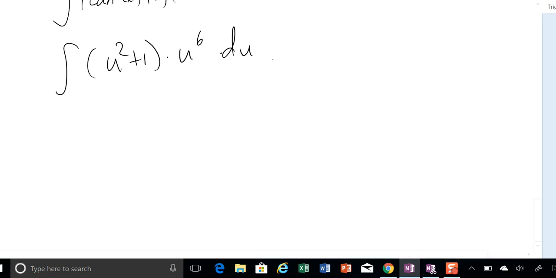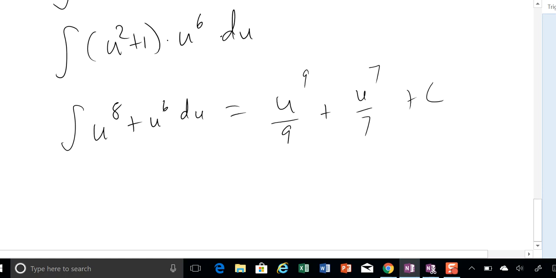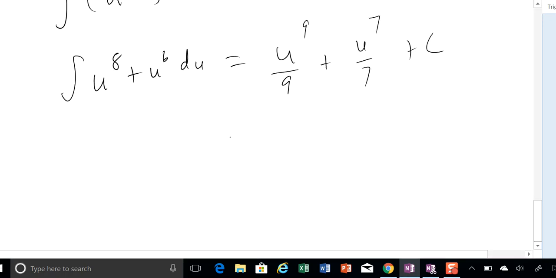And then to find that antiderivative, just multiply through. Nice and easy. I get u to the eighth plus u to the sixth du. And then the antiderivative would become u to the ninth over 9 plus u to the seventh over 7 plus c. But I didn't start with u, I started with x.